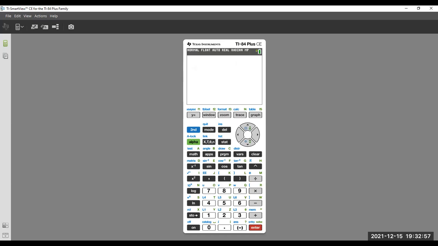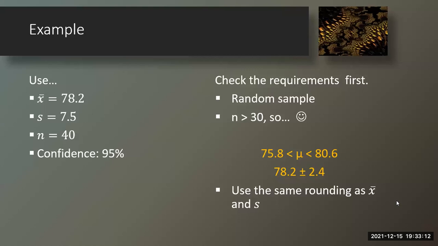Very easy to fix. So there we go, 75.8, 80.6. And there we go. So you've seen me do those plus or minus a couple of times already. You should be fine there.